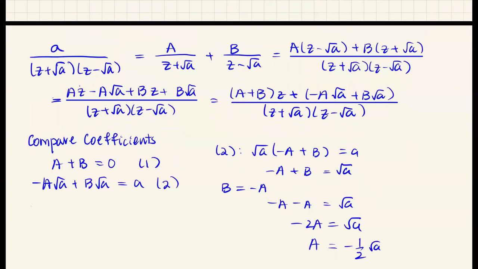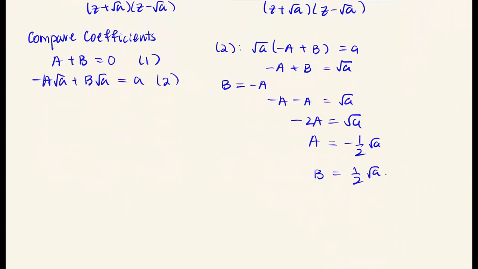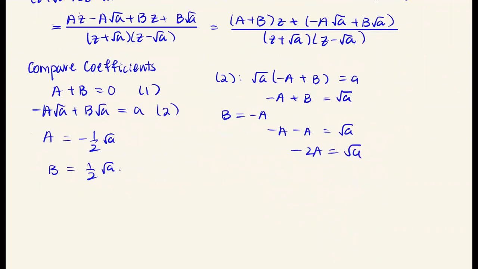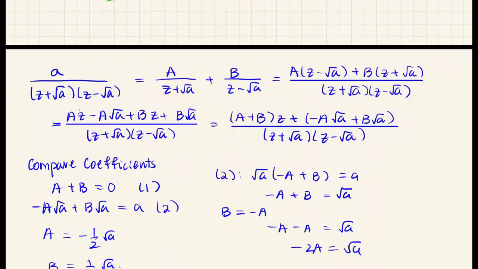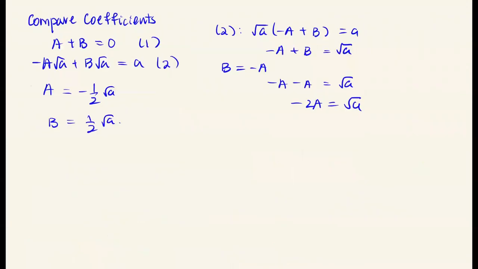Okay. So now what we can write here, so I'll move the coefficients back over here. So going back to the partial fractions, back to this step, the last step that we wrote down here. This is equal to 2 times the integral of 1.